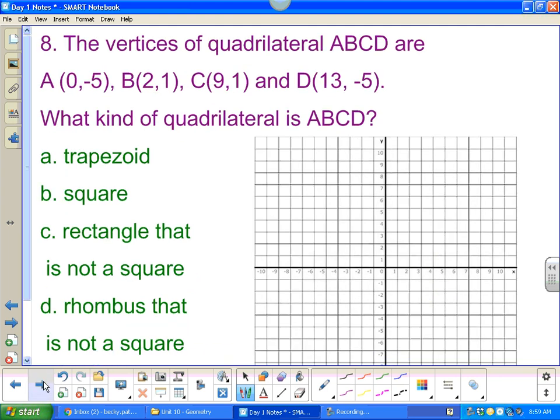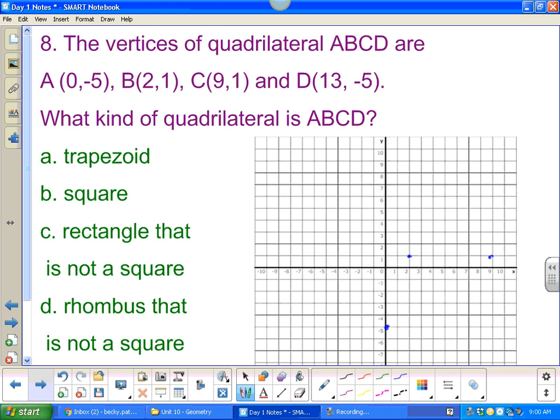Okay, same thing. So 0, negative 5. So 0 means left, right, 0, and then down 1, 2, 3, 4. Yeah, down 5. And then right 2, up 1. And then right 9, up 1. And then right 13, down 5.